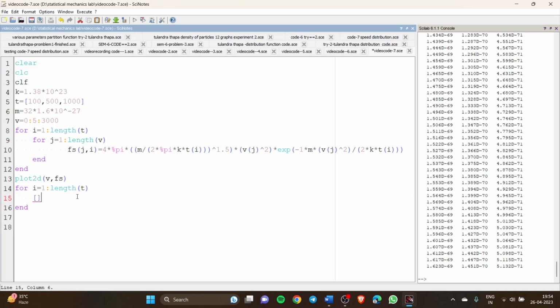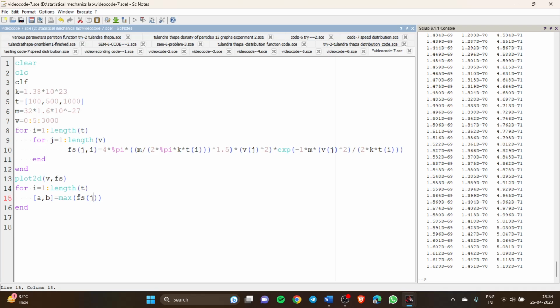We now put [A, B] equal to max of. This code will give us the maximum of the curve. So we write fs, max of fs(j, :), where j means we are taking the complete row.